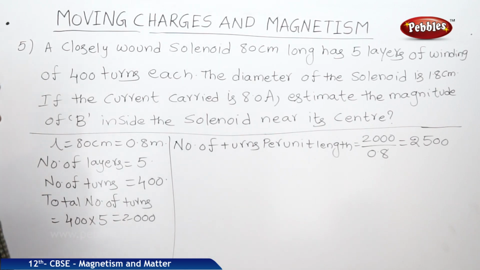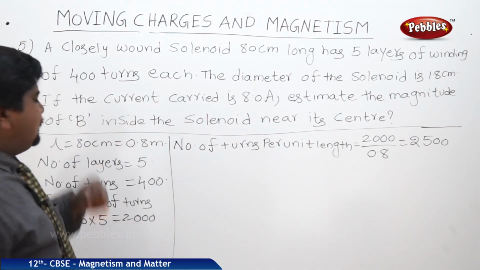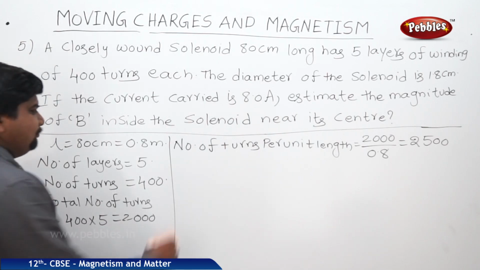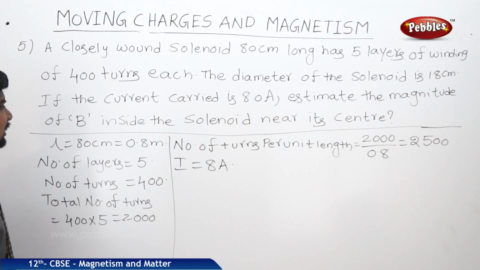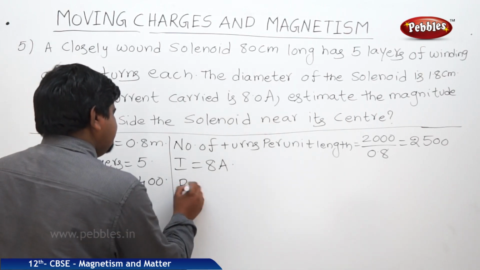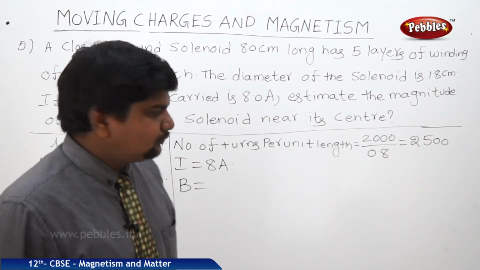So if this is the case, the current is 8 amperes, and we estimate the magnetic field B inside the solenoid near its center.